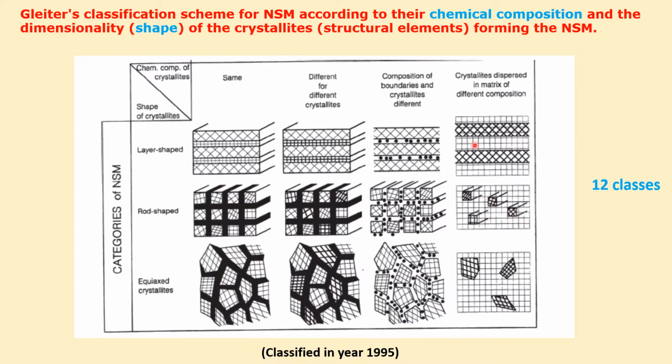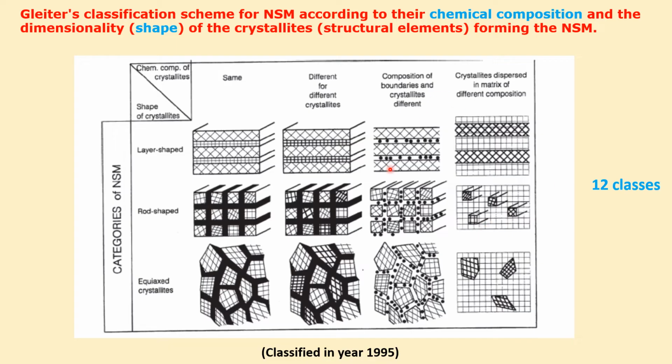And in this kind of structure, again the crystallites are of the same material. Here it may be a different material, and the boundaries are different compared to the grains, and also this type of grain is dispersed in polymers. So all these combinations make 12 classes, and this was the classification given by Gleiter in 1995.